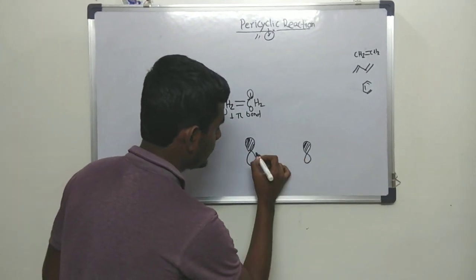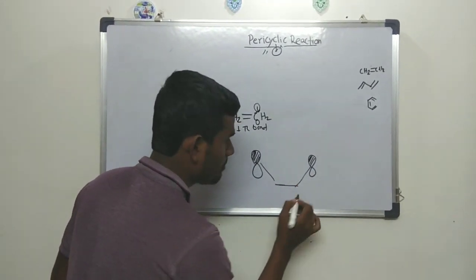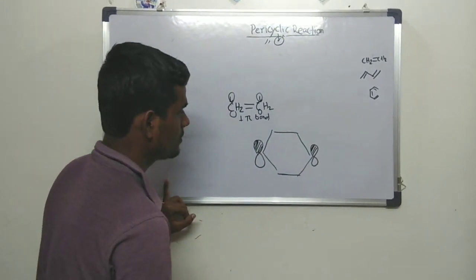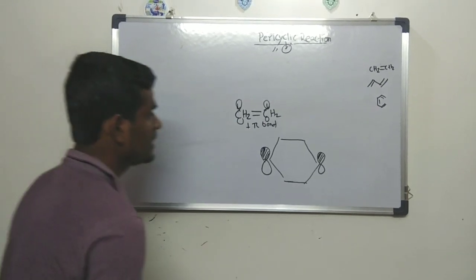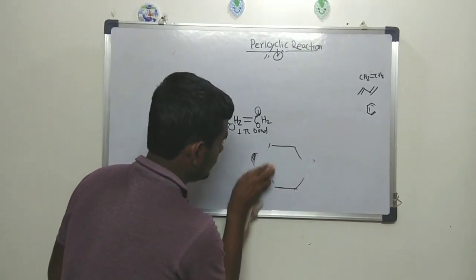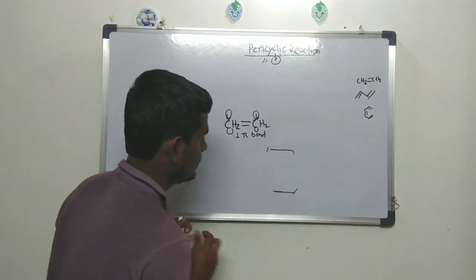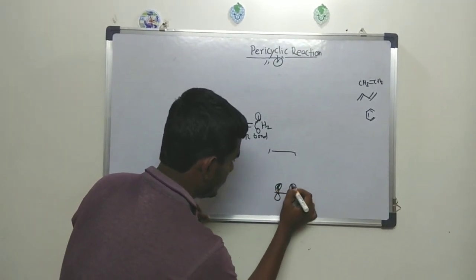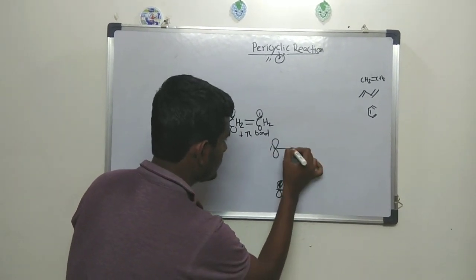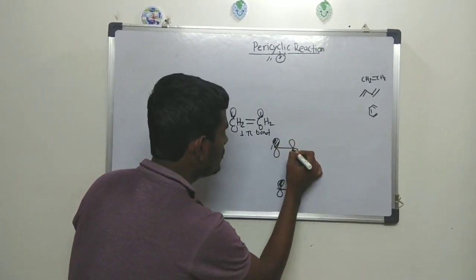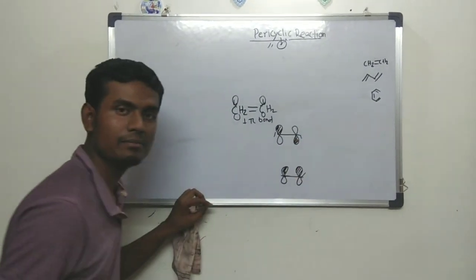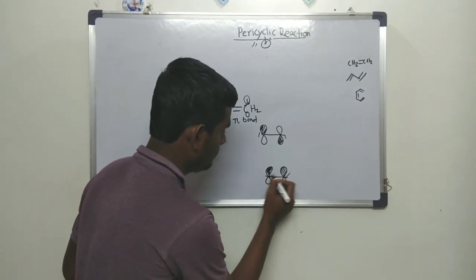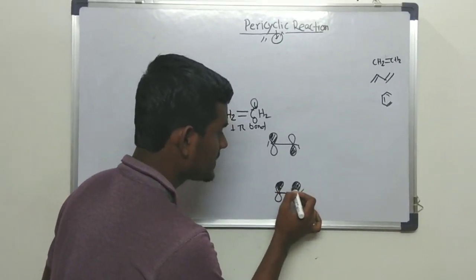These two p orbitals will form a pi bonding molecular orbital and a pi anti-bonding molecular orbital. Generally in books they don't write it like this; they just write it this way: the p orbitals form a bonding molecular orbital and an anti-bonding molecular orbital. What do we mean by bonding and anti-bonding molecular orbital? Basically, it involves whether my p orbitals overlap with the same phase.